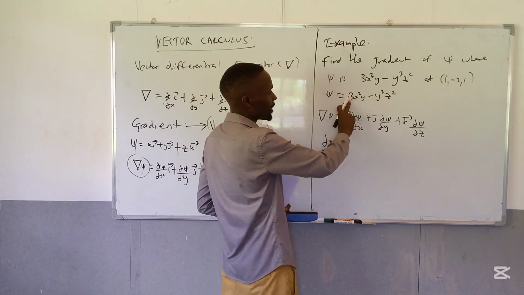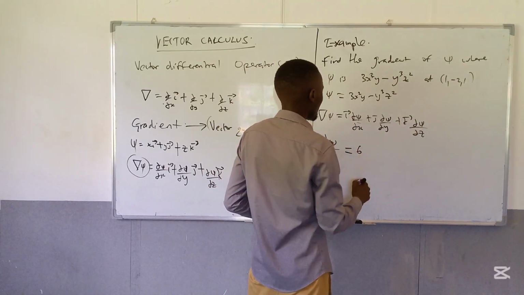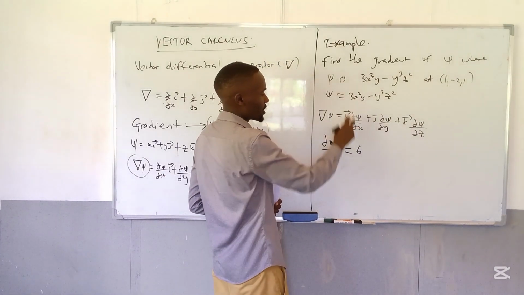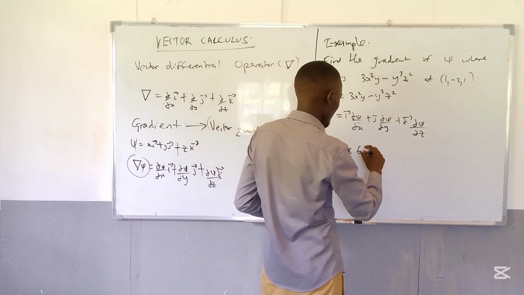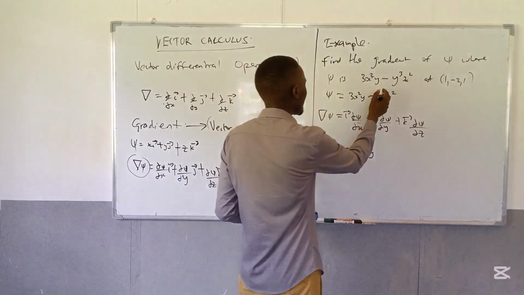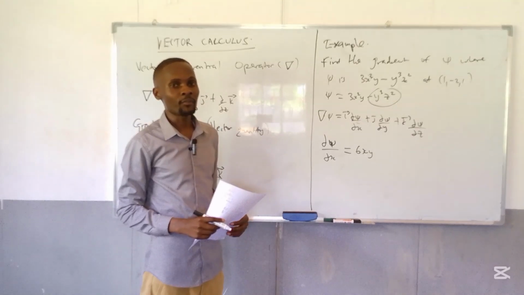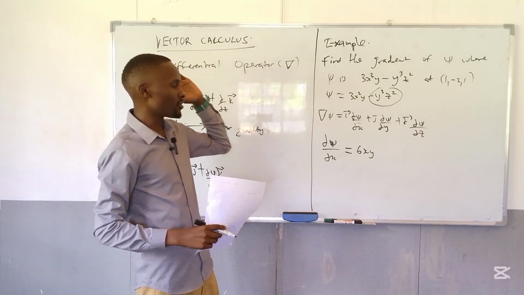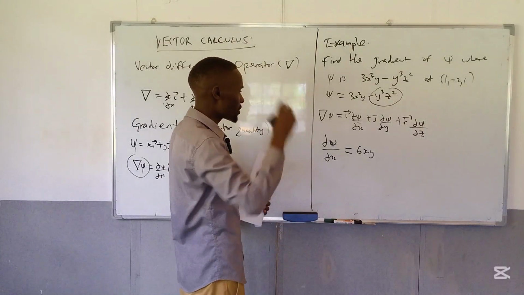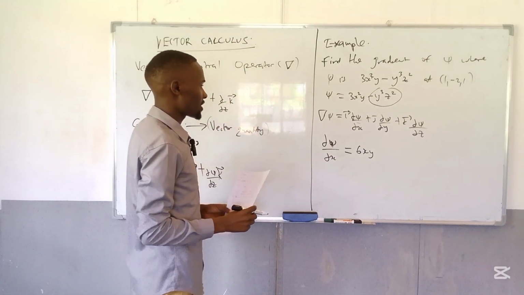It will be 2 times 3, giving us 6. Then we subtract 1 from the power of x, remaining with x times y. Now this other part is considered as a constant. Remember the derivative of any constant gives us 0. That means we are going to get dphi over dx as 6xy.